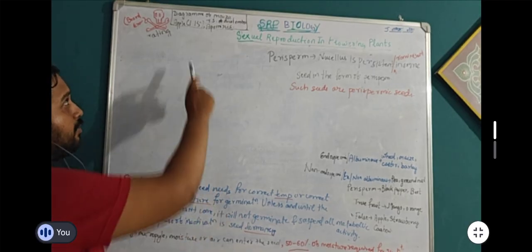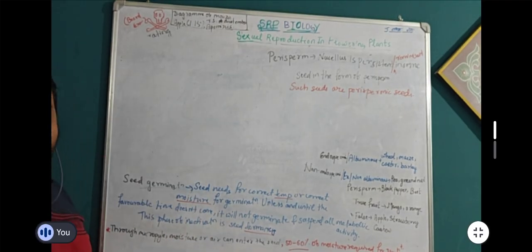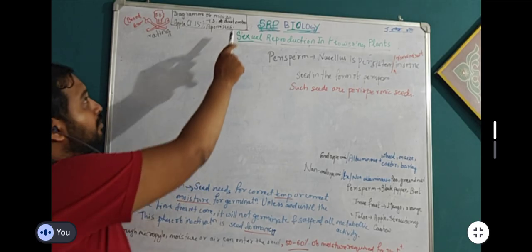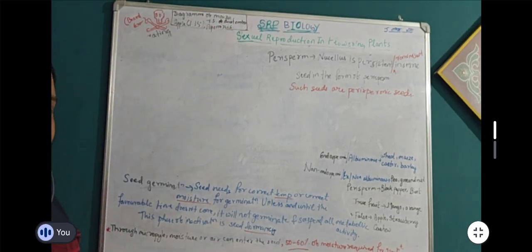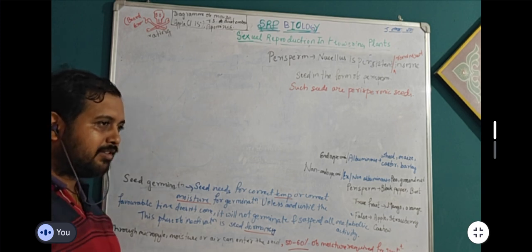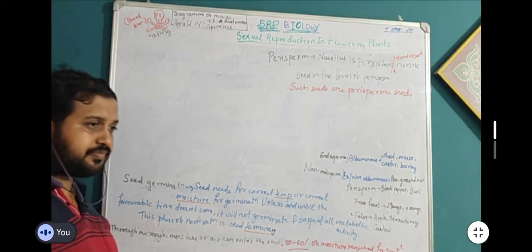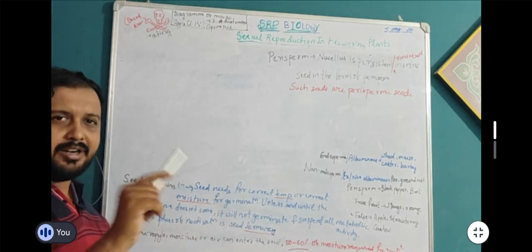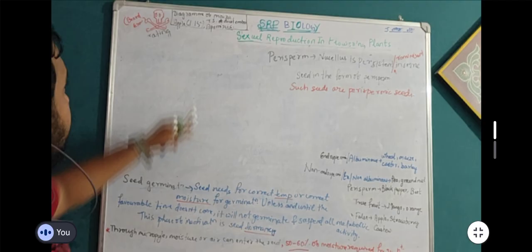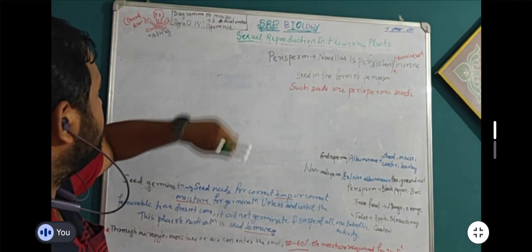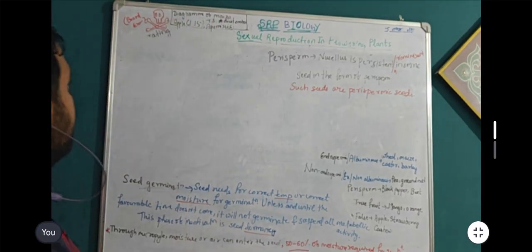The diagram was given and labeling was asked, and for the maize seed it was asked to draw completely. In another year, the diagram of maize seed was there, and they asked to label its different parts and also write their functions. So you have to cover these two topics: the diagram of maize and the diagram of apple. That is figure 1.15.